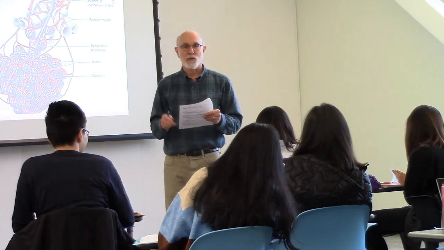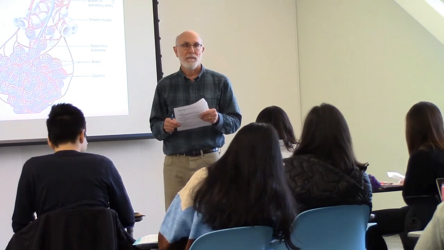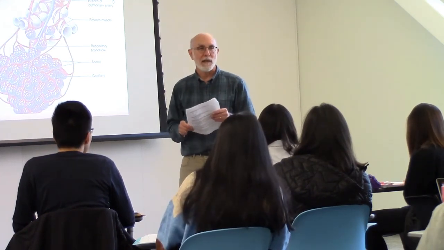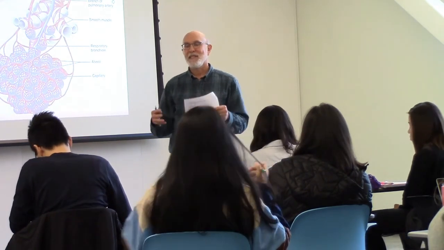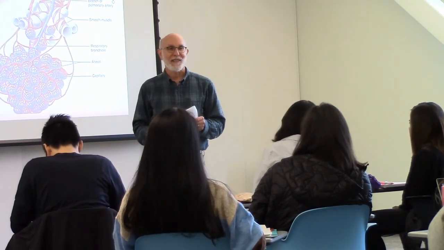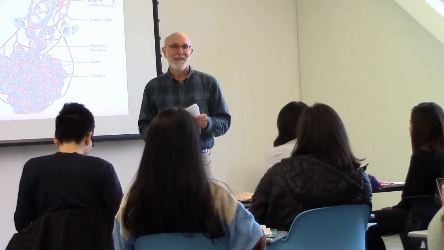I would not hold you responsible for that, because I didn't talk about it this year. I apologize for this. That's a carryover from a previous year where I went into more detail about glycolysis, when I wanted to review cellular respiration. I didn't do it this year.